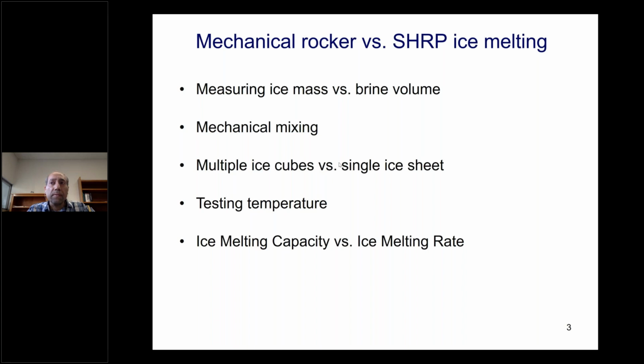On the road, we have vehicles and they have tires, so they continuously mix de-icer, snow, and ice. So we have some kind of mechanical mixing in the real world. But in the SHRP test, we don't. It is a static method. We just put the de-icer on top of the ice and wait until it melts. But the mechanical rocker test is a dynamic test, where we have continuous mixing of the ice and de-icers.